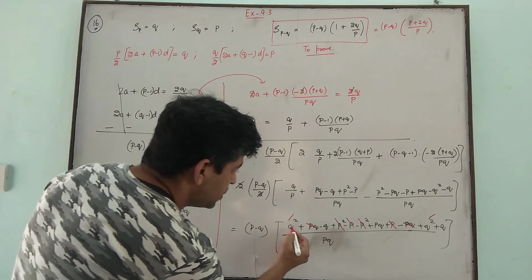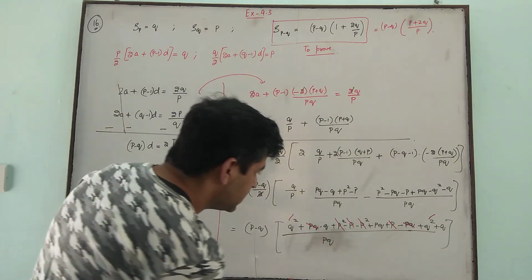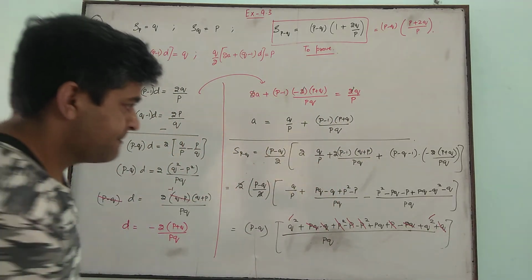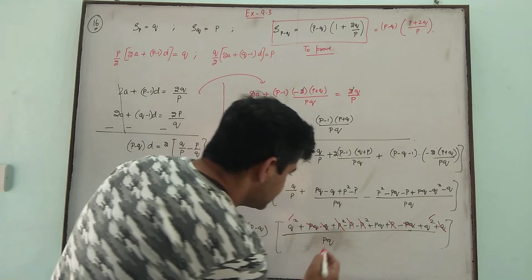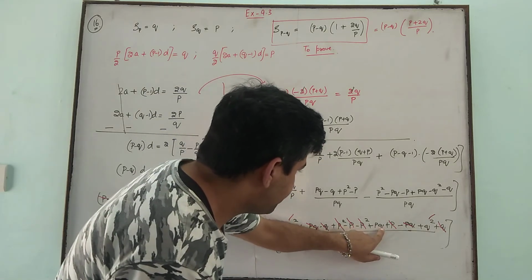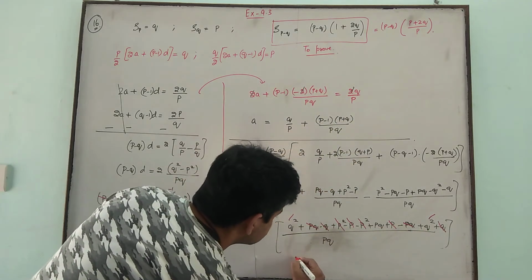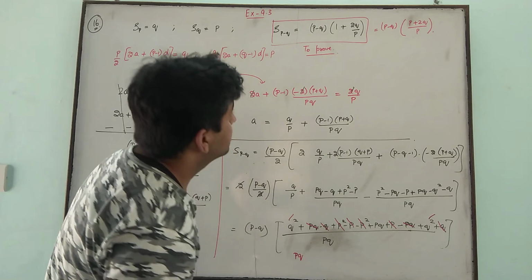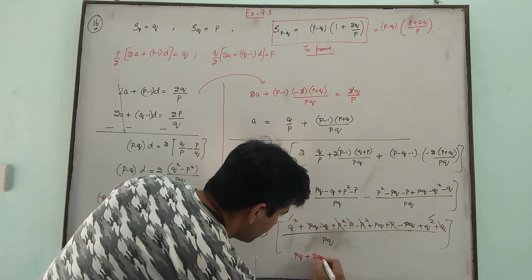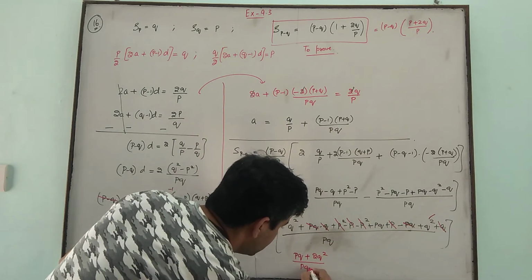Then this will be q square and q square, 2q square, q positive, q negative. So we got pq plus q square, that is q square plus pq upon pq.